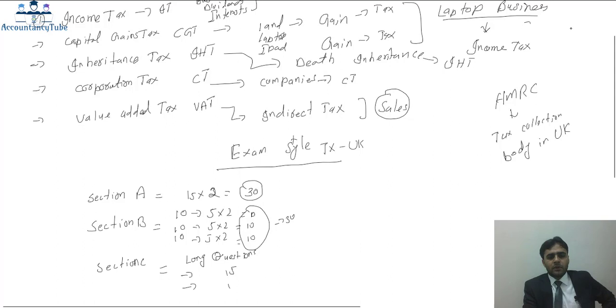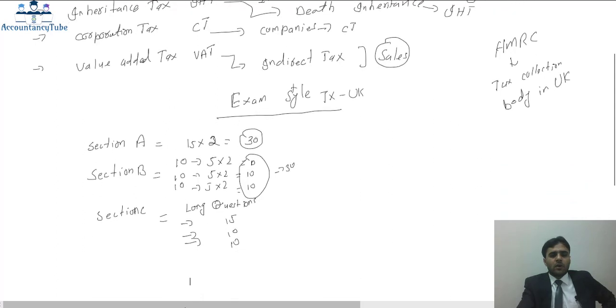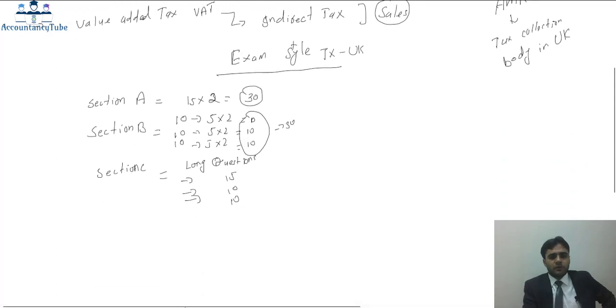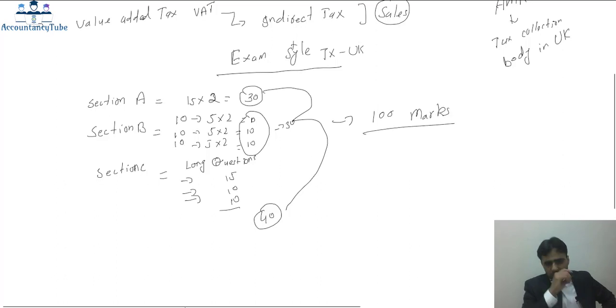The second question and the third question will be 10 marks each, which makes a total of 40 marks in this section. Now 30 plus 30 plus 40 equals 100 marks. Okay, so that's how your ACCA's taxation exam will look.